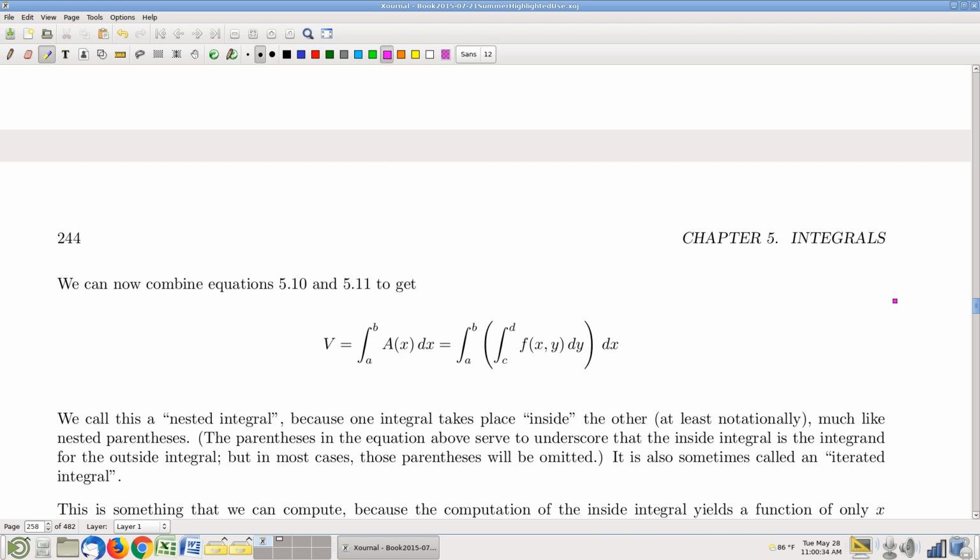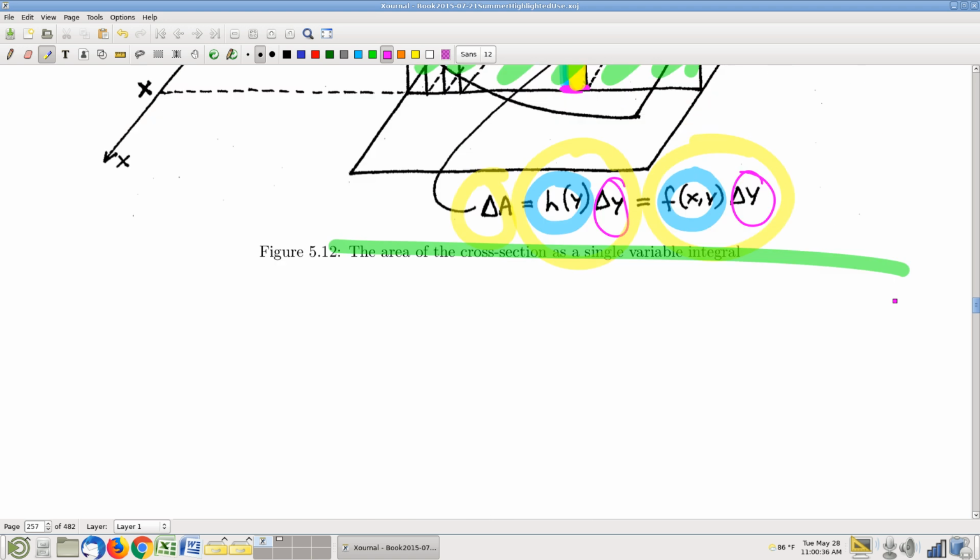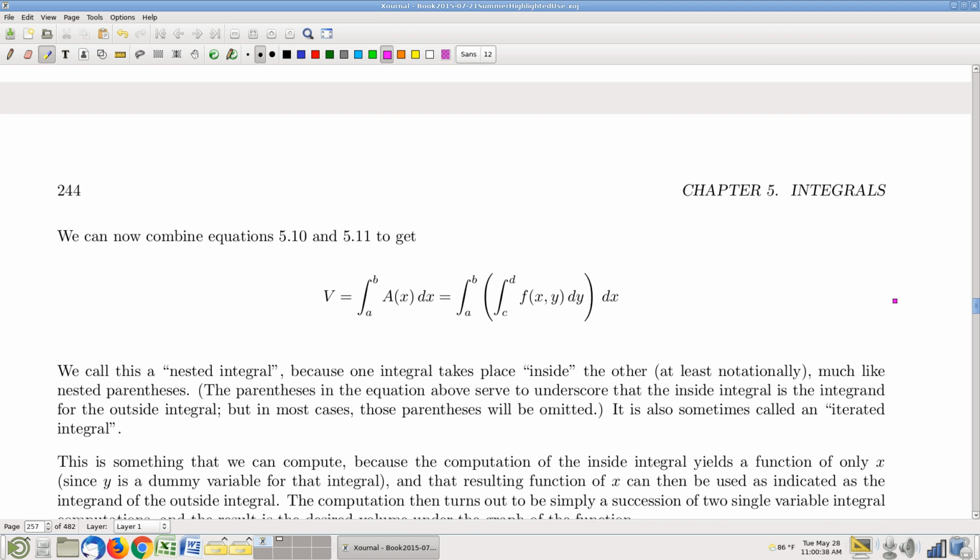Okay, all right. Now I do want to talk about what's going on with these integrals a little bit more. Let's talk about the inside integral in particular. How do I interpret what's on the inside here? What does this mean?